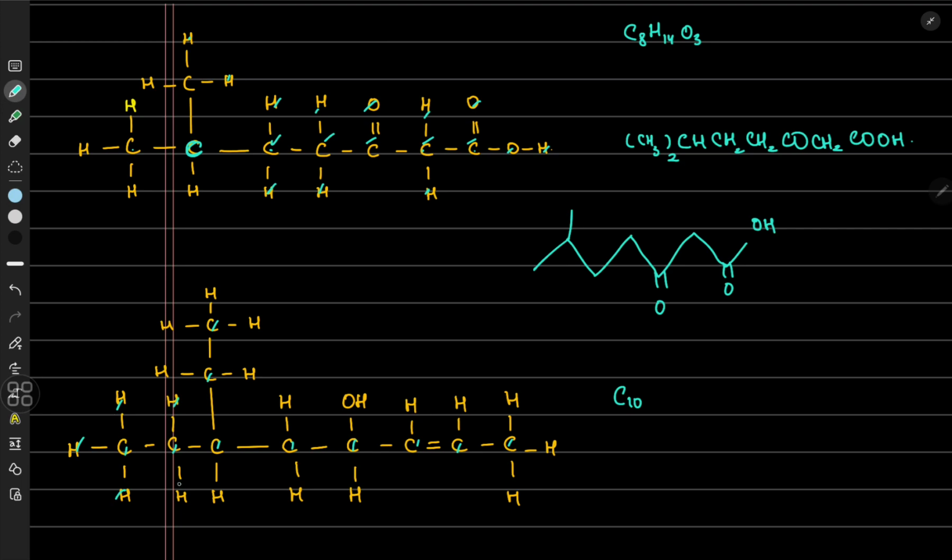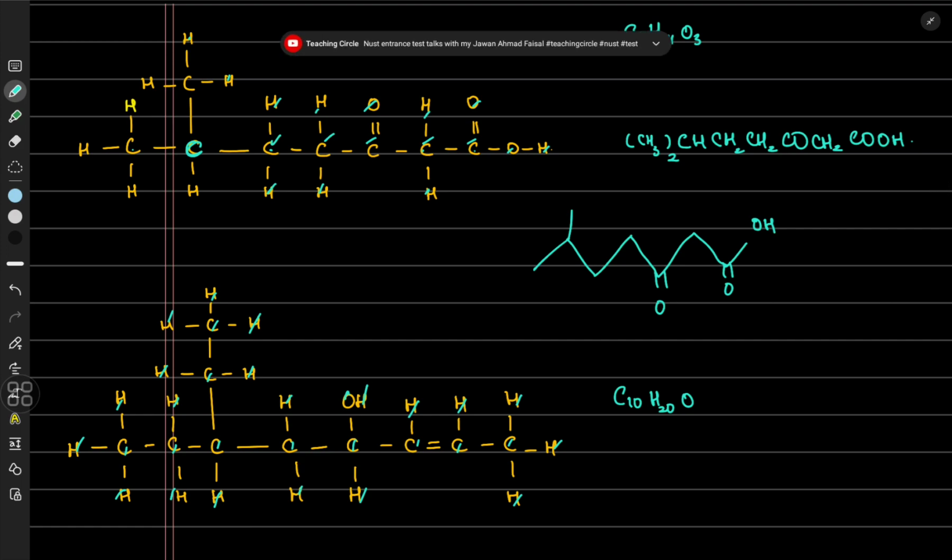Then 1, 2, 3, 4, 5, 6, 7, 8, 9, 10, 11, 12, 13, 14, 15, 16, 17, 18, 19, 20, H20. And how many oxygens? Only one oxygen. C10H20O. The molecular formula, the skeletal and the condensed formula, and the empirical formula are the same once again, right? I hope this is clear.